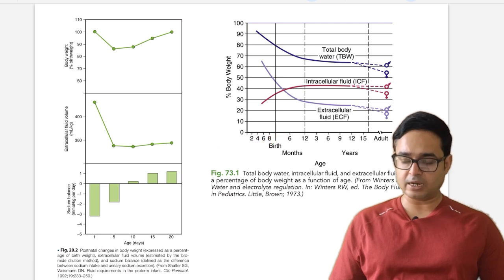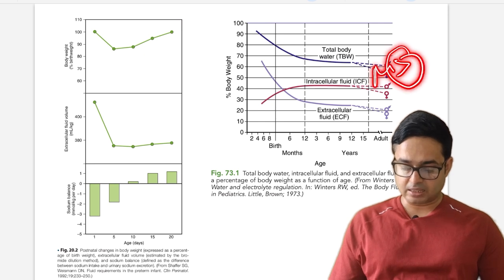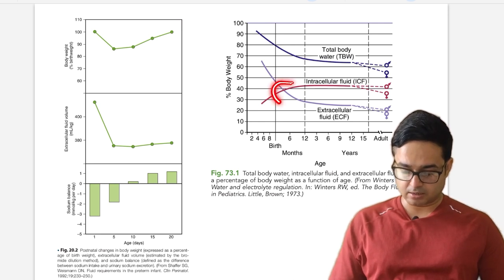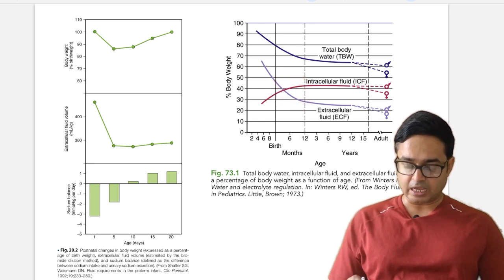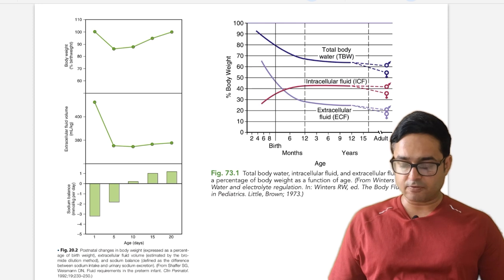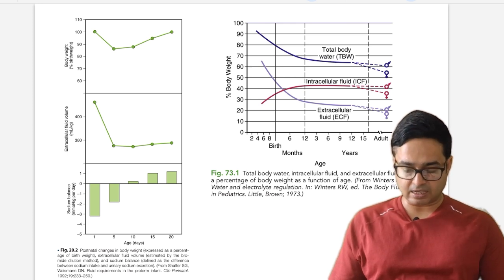This is important. Male total body water is more than female. Then at 4 to 5 month, or you can say 3 to 4 month, intracellular and extracellular fluids are in equilibrium. In fetal period, ECF is more than ICF, and in later life ICF is more than ECF.